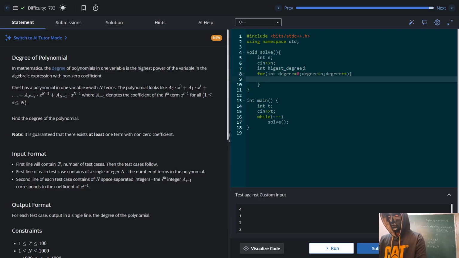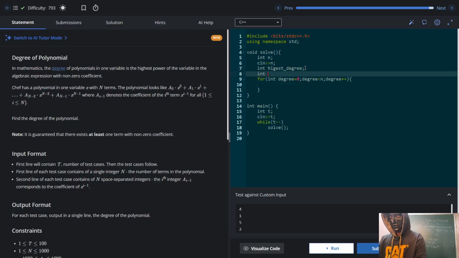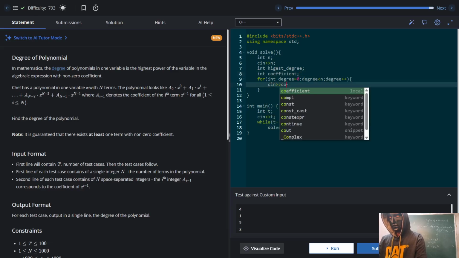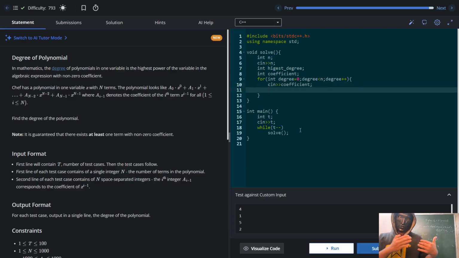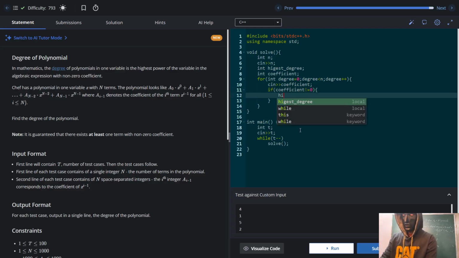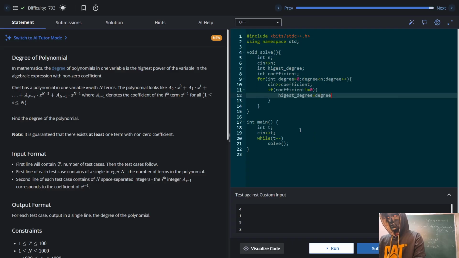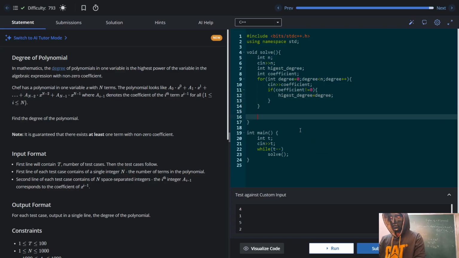Now I'll take a coefficient variable. I'll be taking the coefficient value every time, from a0, a1, a2, and I'll be checking if this coefficient is not equal to 0. If it is non-zero, then your highest degree will be equal to degree. When you come out of the loop, you just print the highest degree. That's it. Let's try to run it.